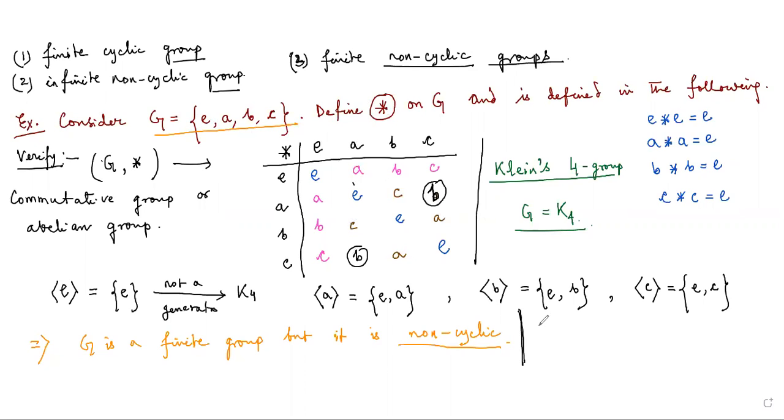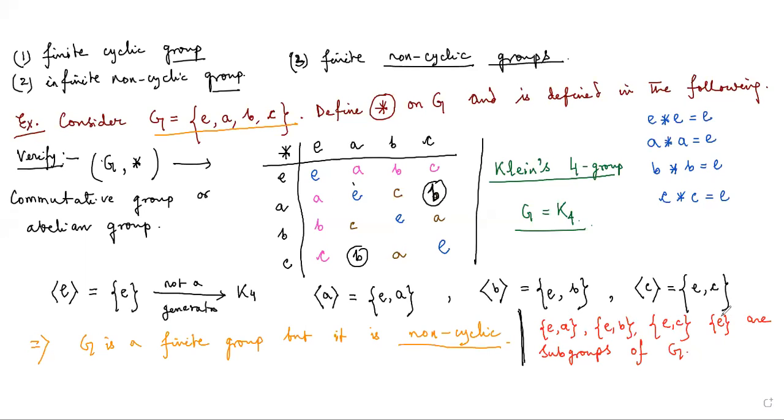But you can check another fact: the set EA, the set EB, the set EC, these 3 sets, and obviously the trivial one, are subgroups of the group G. All the characteristics of subgroups are satisfied by these sets containing two elements.